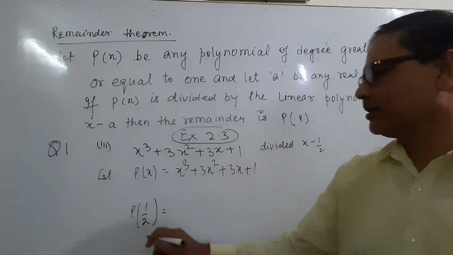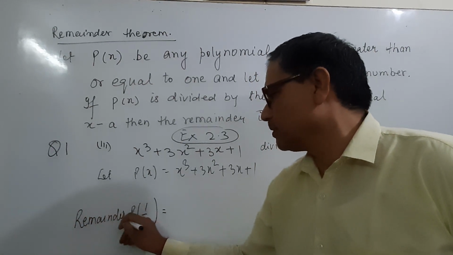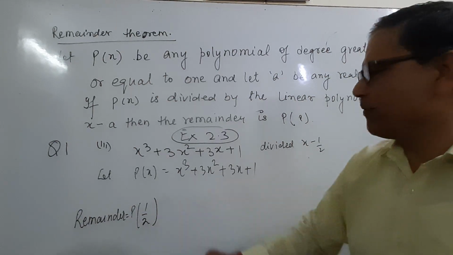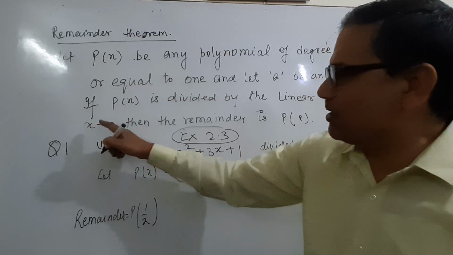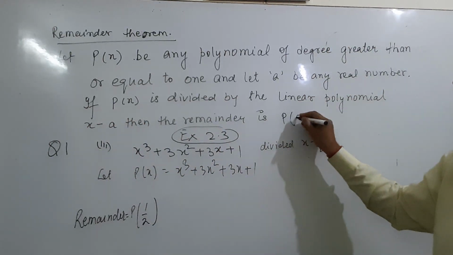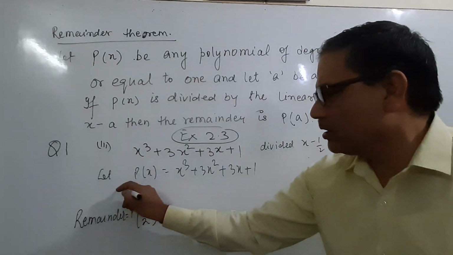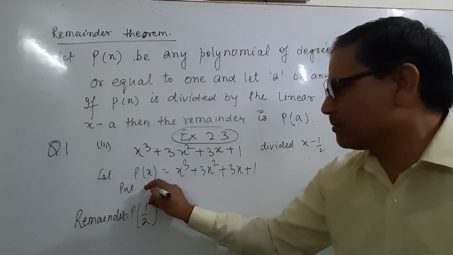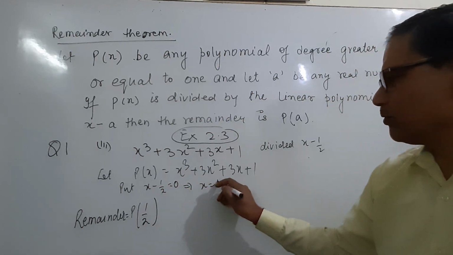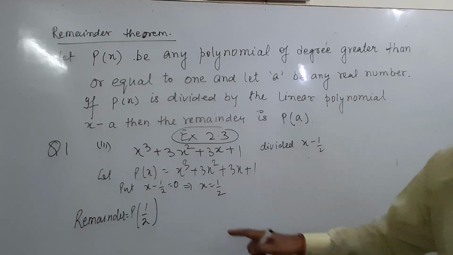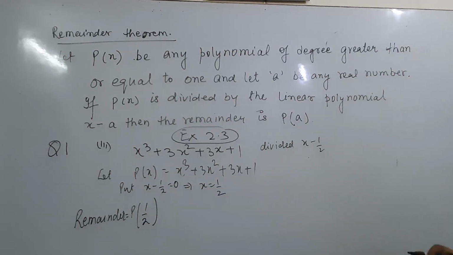Why? In x minus a the sign will change to plus, and a stays the same, plus 1 by 2. Or you can do it this way: put x minus half equal to 0, then x equals 1 by 2. It means we have to put 1 by 2 in place of x. Now put it.